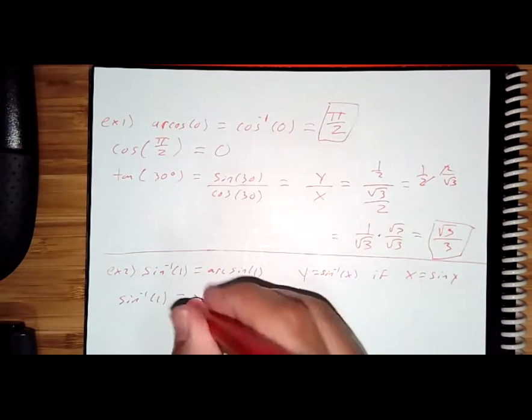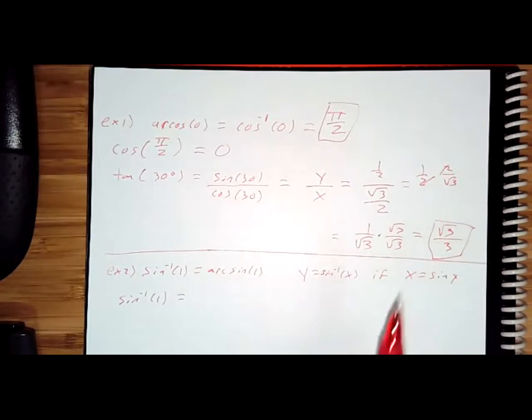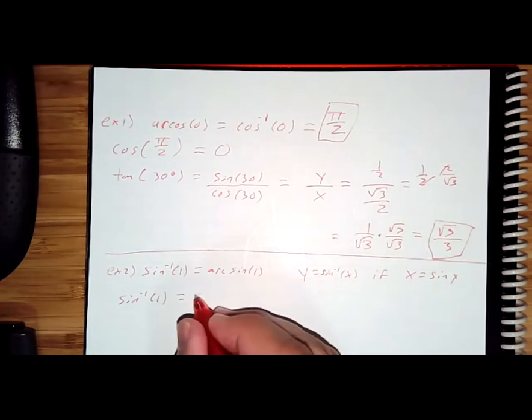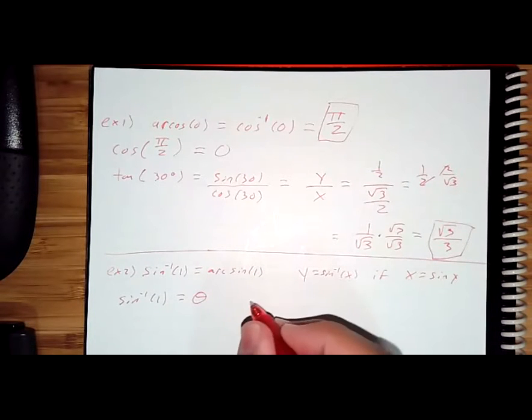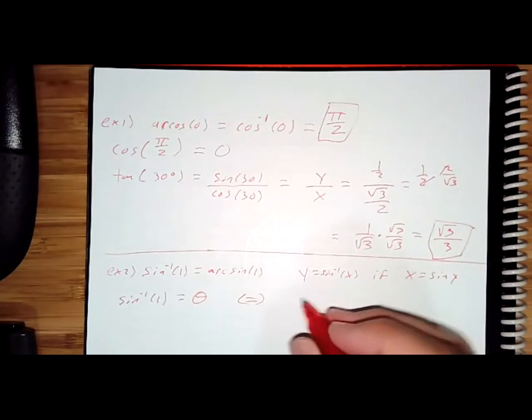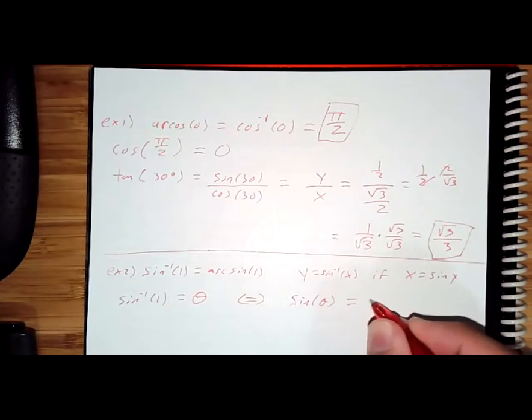Not y. What's a better way to say it? What is the angle theta? I think that's more clear. What is the angle that will give me 1? If I use the definition and convert it, that's the same thing as saying theta is equal to 1 for sine.